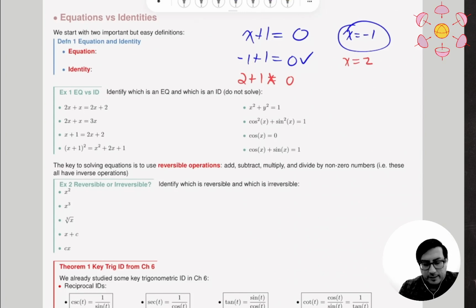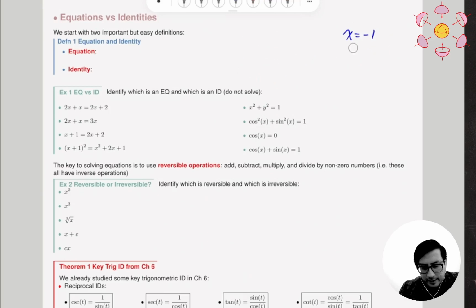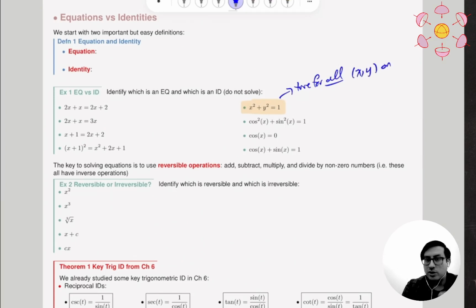Now, what about an identity? An identity is something that is going to be true for every value. So think about the Pythagorean identity here: x squared plus y squared equals 1. Now this is true for all points, but not in general, only the points on the unit circle.